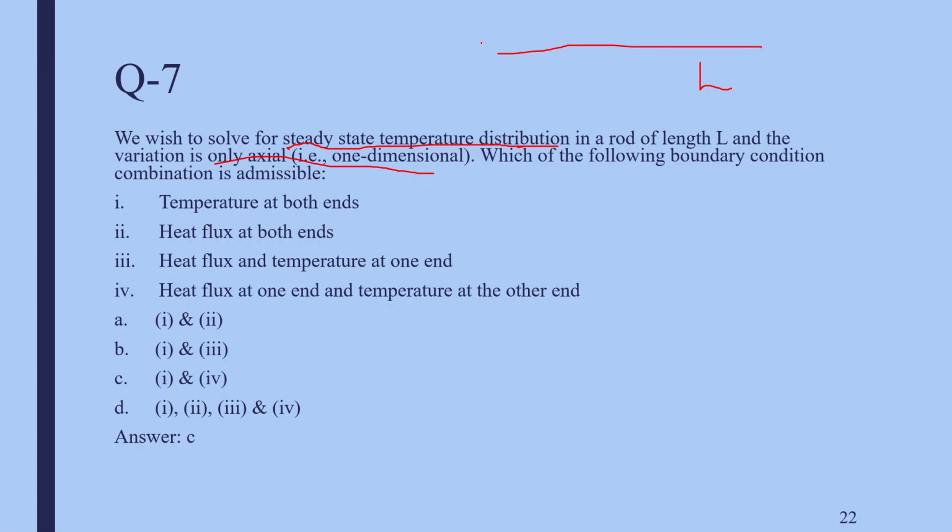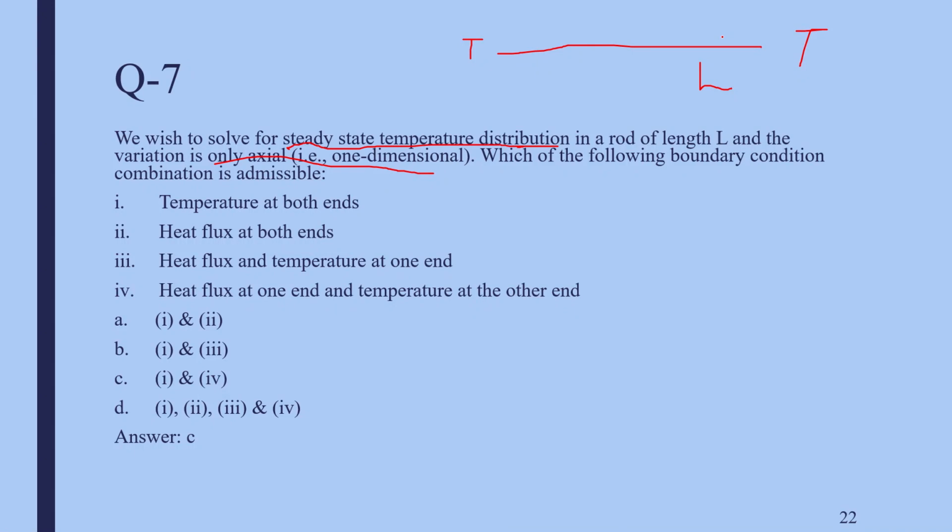So we wish to solve, okay, if the temperature is given at both the ends, we can solve the problem for this. Q is equal to K d square T by dx square is the problem. If temperature is known at both the ends, it is possible to solve.